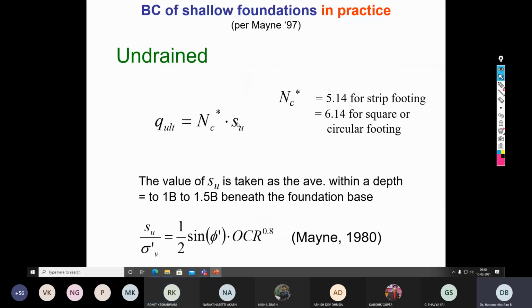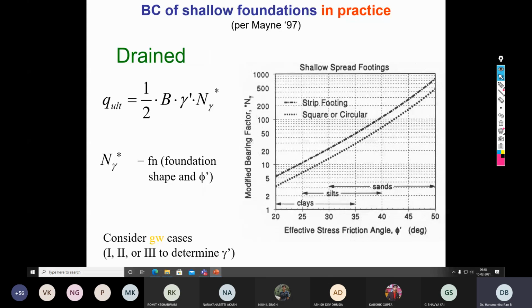This is the undrained shear strength of the soil. Okay, yeah. So in case of the drained condition, you should use this equation. Here it is related with the effective stress friction angle phi dash.